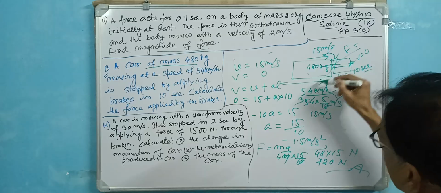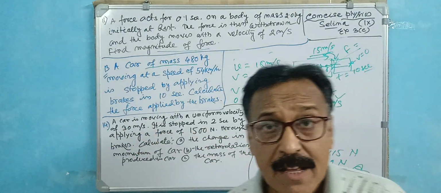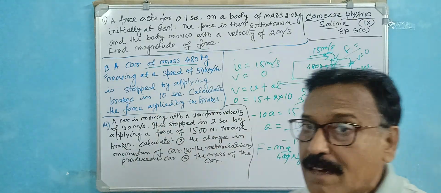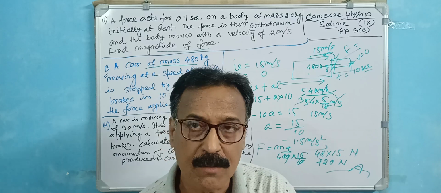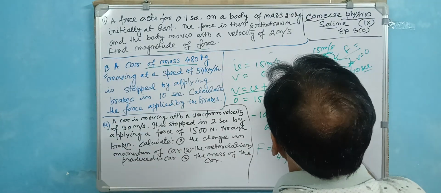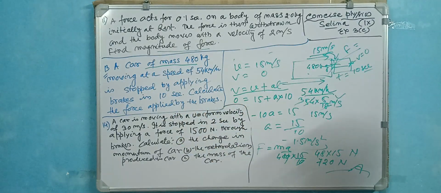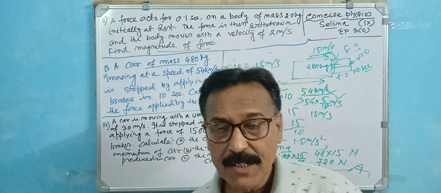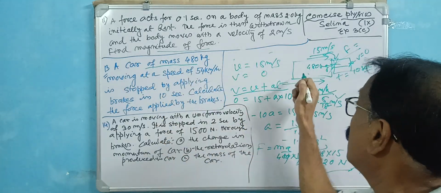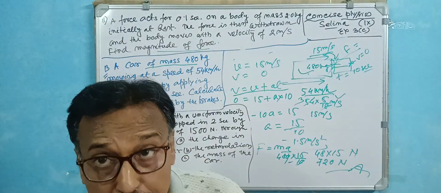So it is moving at 15 meters per second, a brake is applied, comes to rest means v is 0. So when you apply a brake and come to rest, the retardation occurs. What is the retardation developed? This is the formula. v is 0, and in which time? 10 seconds. You first calculate the retardation. When the retardation is calculated, F is equal to ma, you know the mass and you know a, and Newtons is coming. That means the force applied is coming.